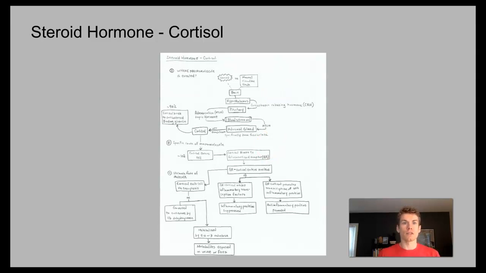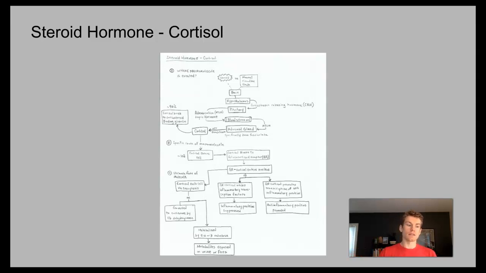One example of the changes cortisol causes in the body is relating to the immune system. So, for example, once bound to these glucocorticoid receptors, this cortisol and GR complex will then move to the nucleus of the cell, where it can then bind to different transcription factors involved in the synthesis of inflammation proteins.